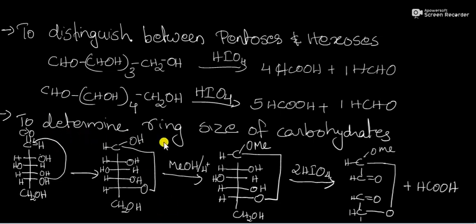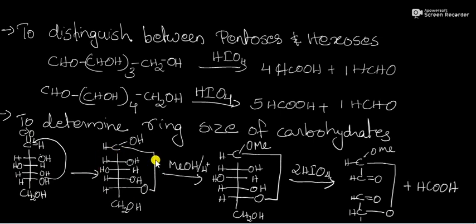Another application of HIO4 in the field of carbohydrates is to determine the ring size of carbohydrates. Here, when this alcohol attacks this carbonyl compound, there is an intramolecular reaction of the alcohol and aldehyde present in the carbohydrate.